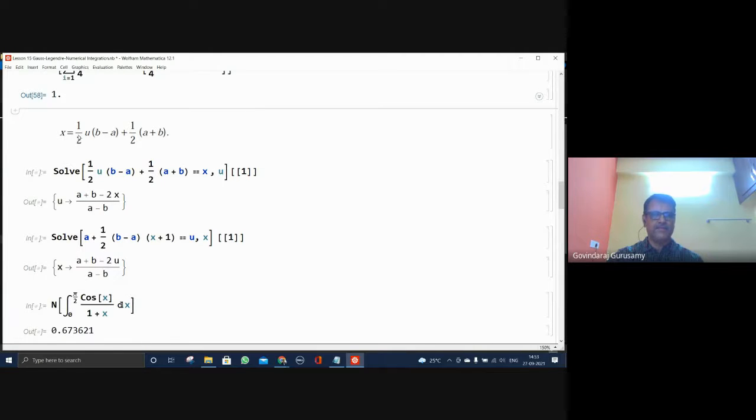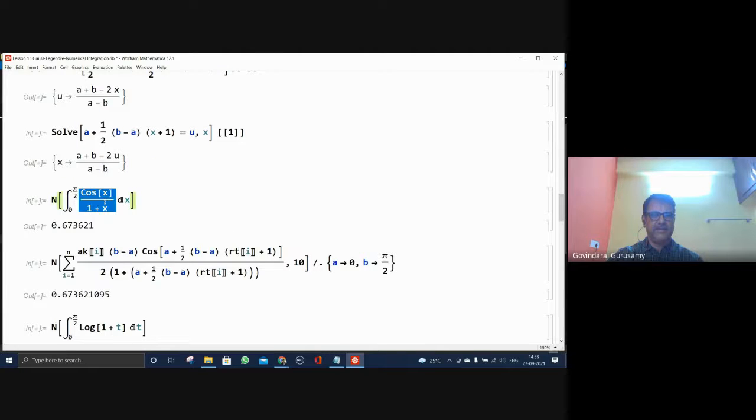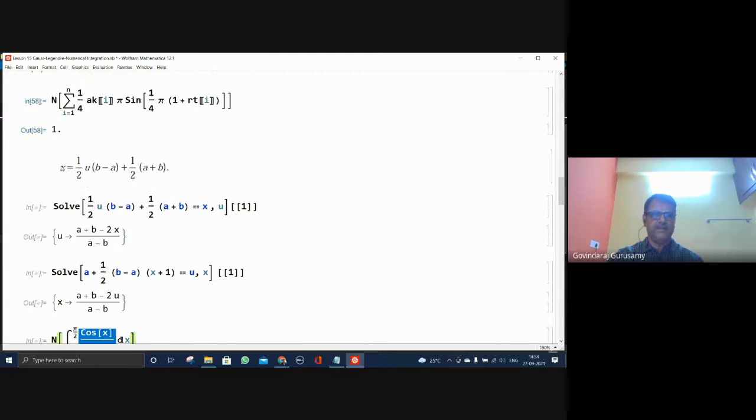If you carry it out for any given integrand with the x variation, then you can substitute a equal to 0 and b equal to pi by 2, which is equivalent to converting this lower limit and upper limit to -1 to +1. That is the purpose of this transformation.